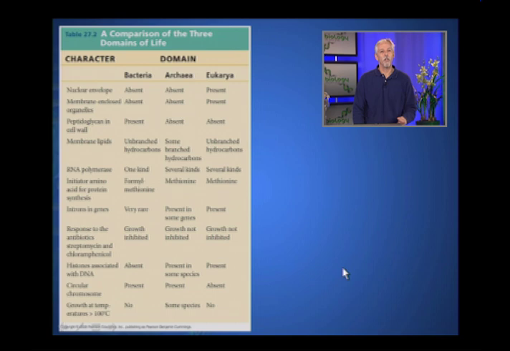What characteristics are unique to bacteria? There's a lot of technical terms here on this chart, but I want to simplify this for you. What makes bacteria bacteria is that they have unique cell walls. They have something called peptidoglycans in the cell walls. So that's what's unique to the bacteria.